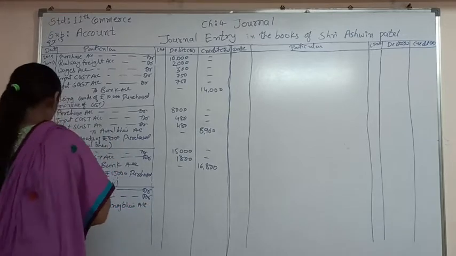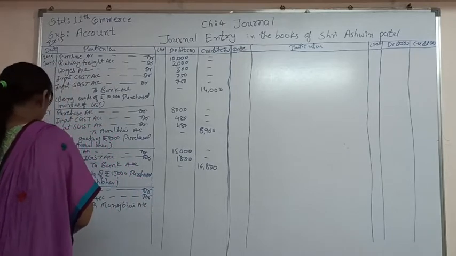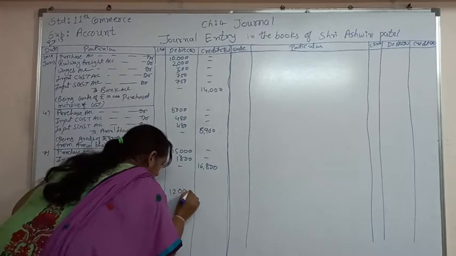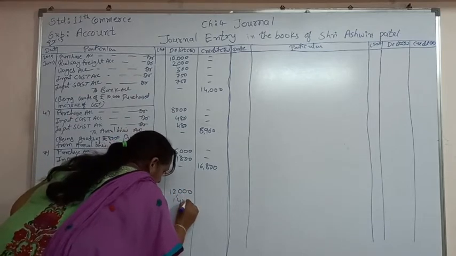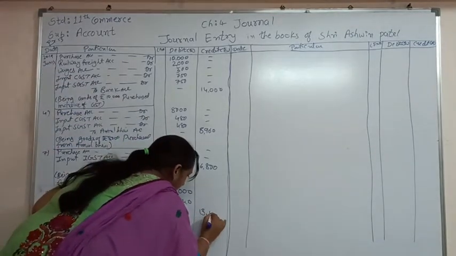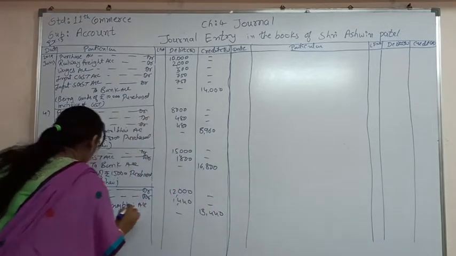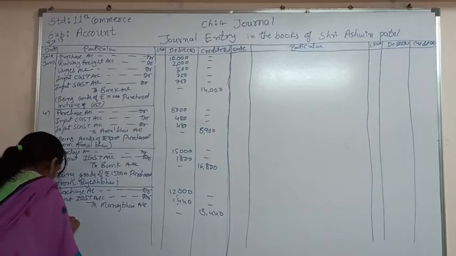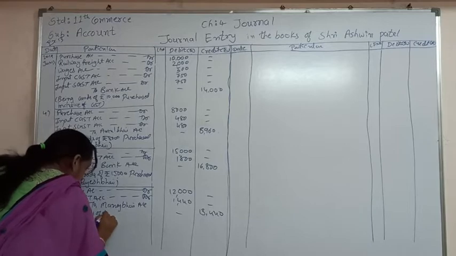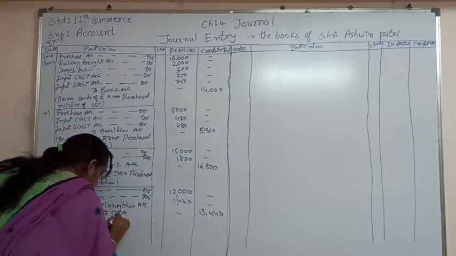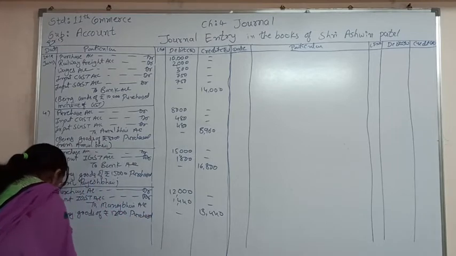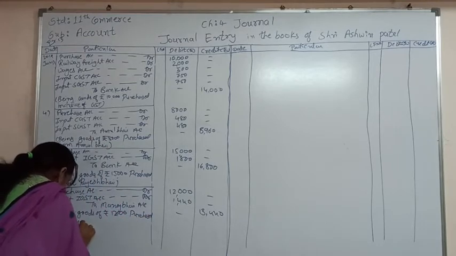Here the amount is 12,000 and 12% of 12,000 will be 1,440 and total will be 13,440, being goods of rupees 12,000 purchased from Manoj Bhai.